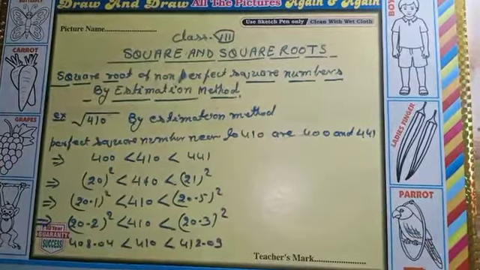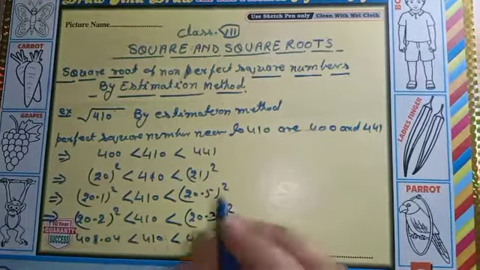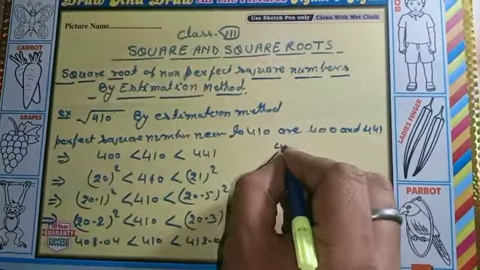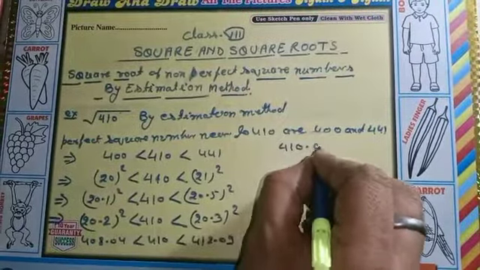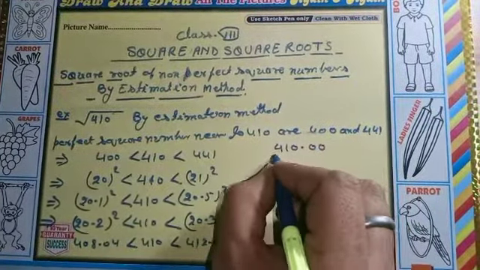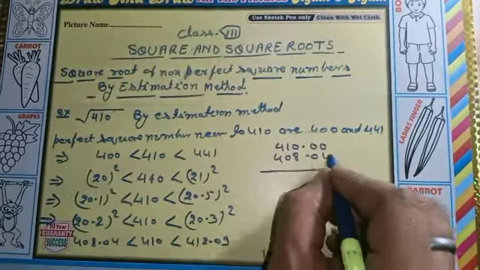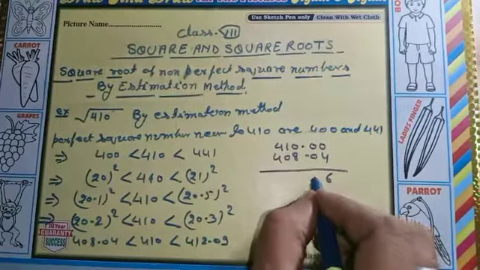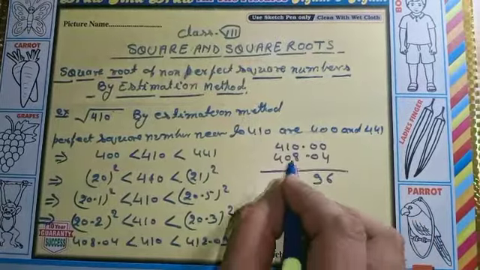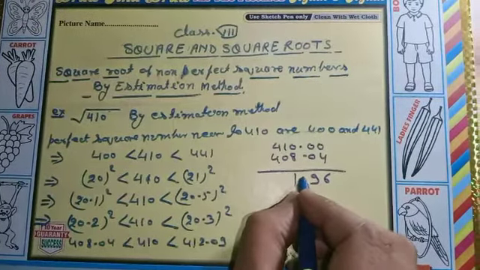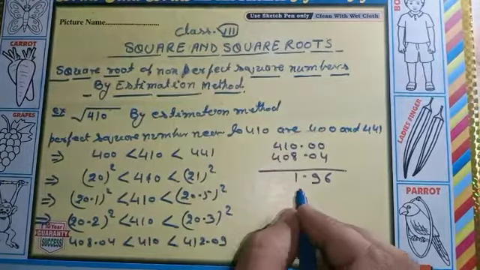Now check which number is nearer to 410, 408 or 412. Make subtraction: 410 minus 408.04 is 1.96.